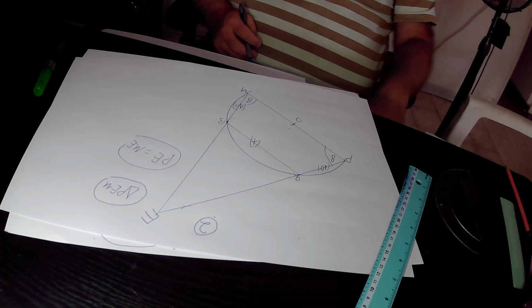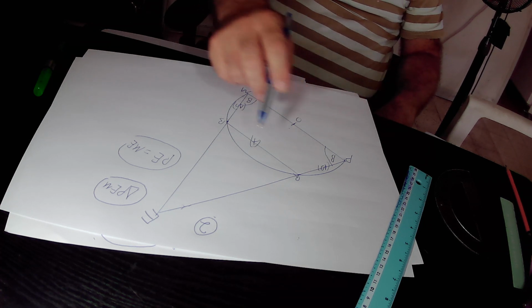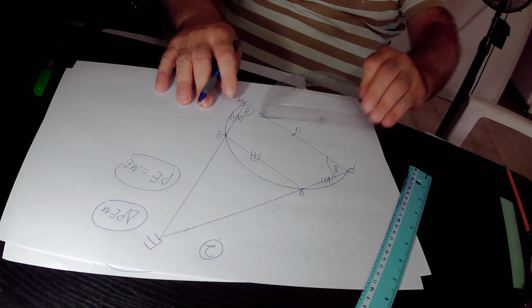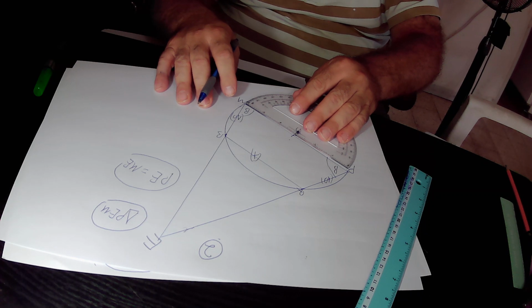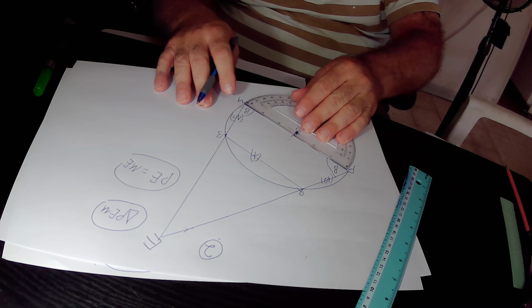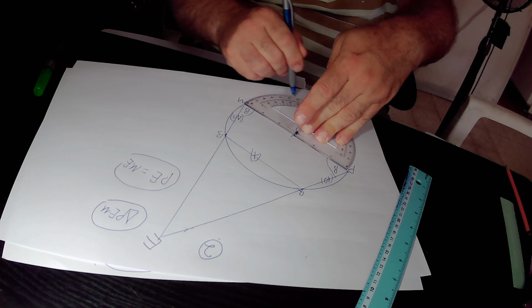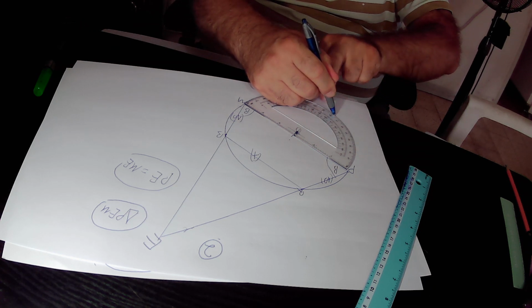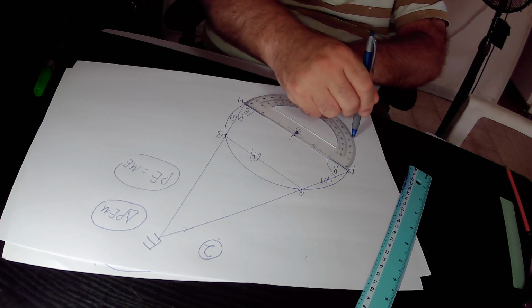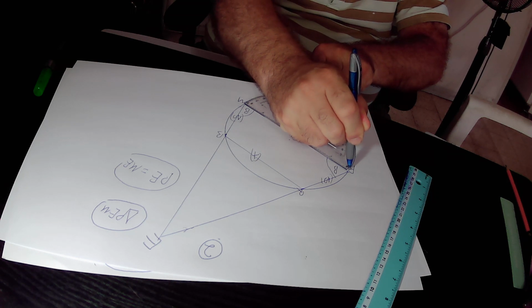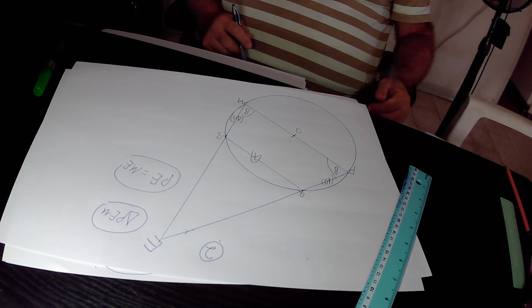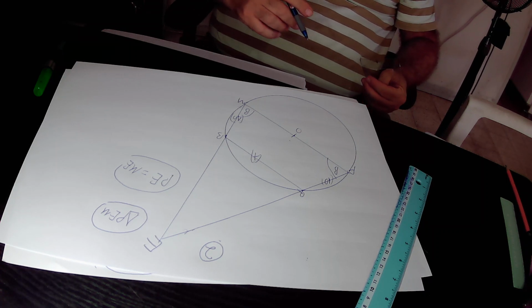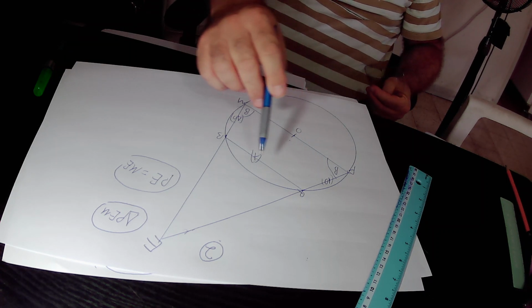In the next step, we will complete this semicircle to a circle. So in the drawing, we have quadrilateral PQBM.